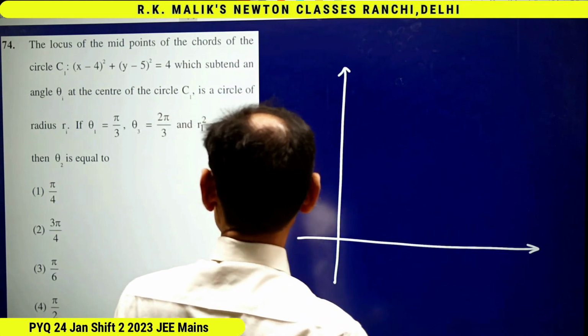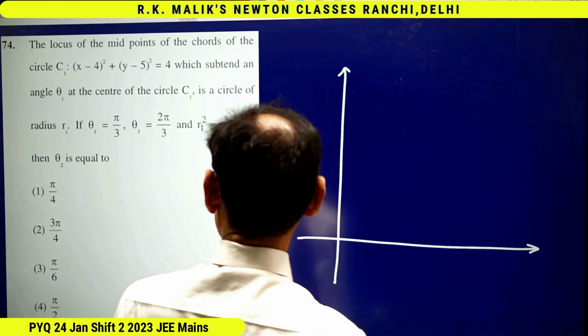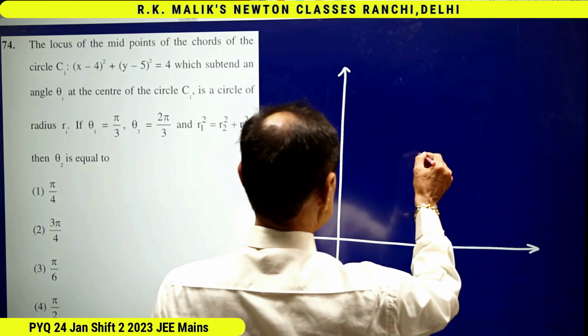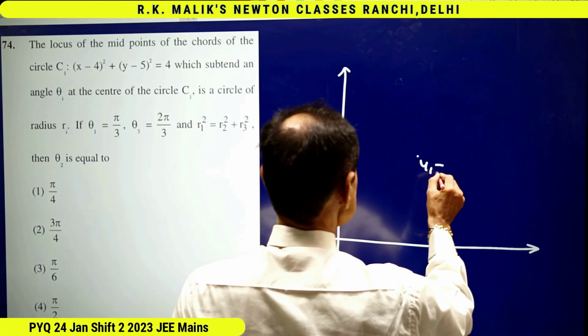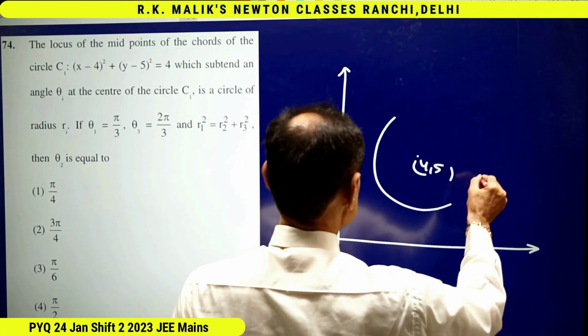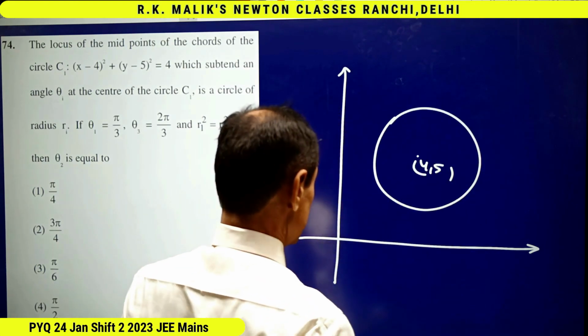In this case, the center is 4, 5 and radius is 2. That is, this is a circle.